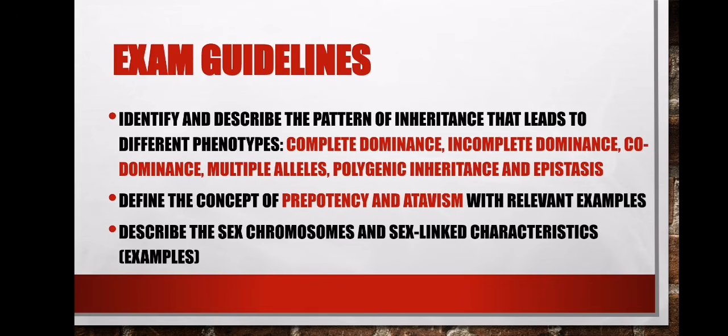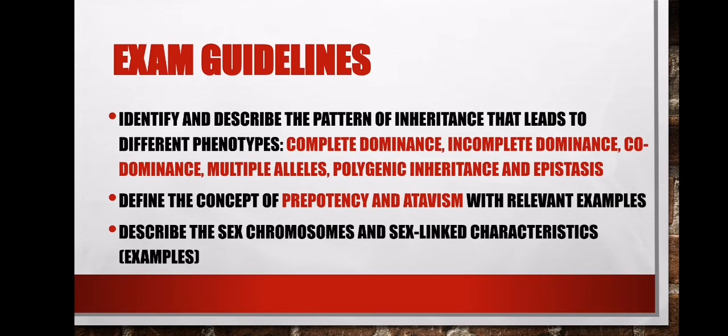So we have complete dominance, incomplete dominance, codominance, polygenic inheritance, epistasis, prepotency, atavism, multiple alleles, and sex-linked characteristics. So it's very important for you to understand them.